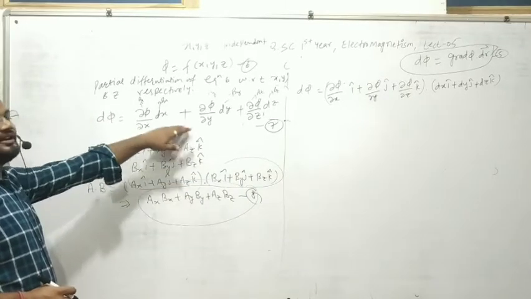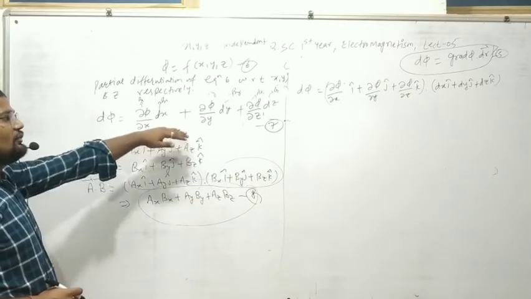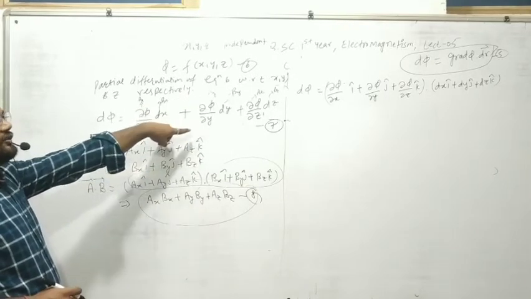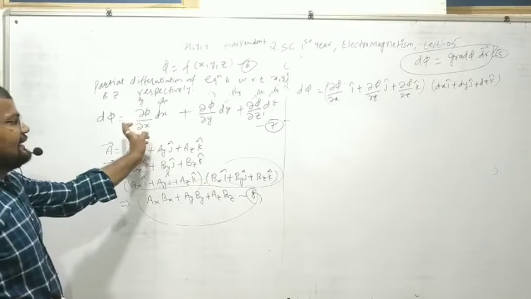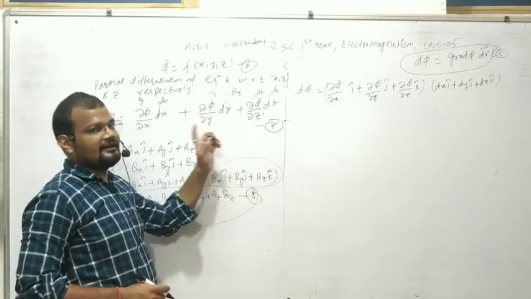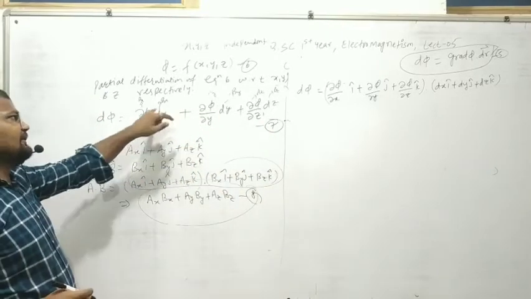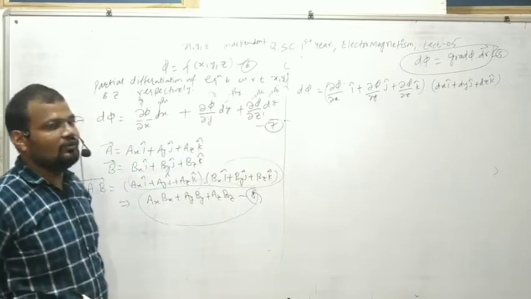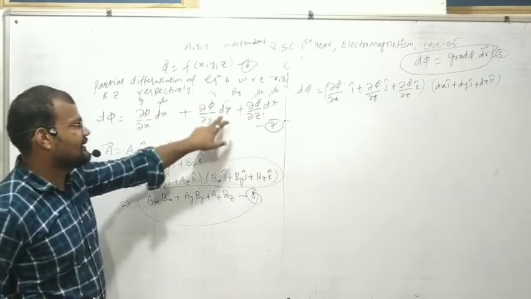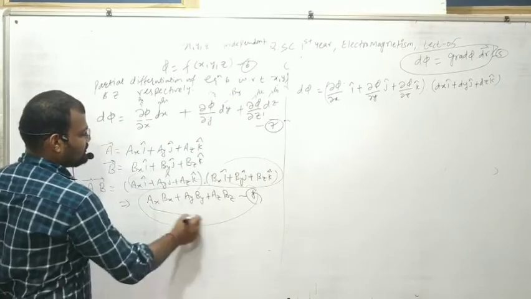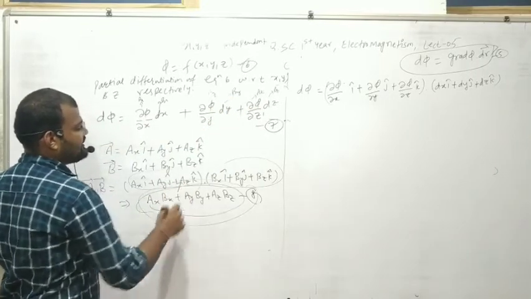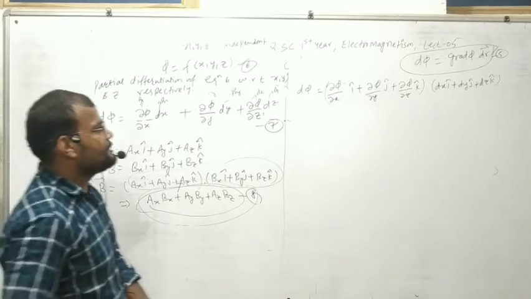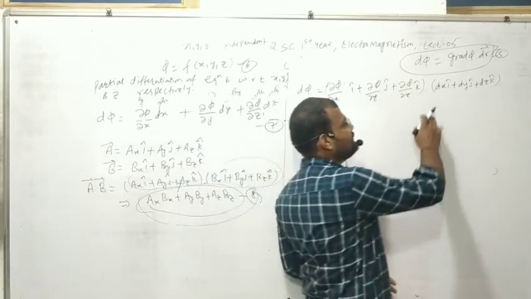What did I do with equation number 7? It is written as a scalar product of two vectors, Ax Bx, Ay By, Az Bz. So d phi is equal to this.